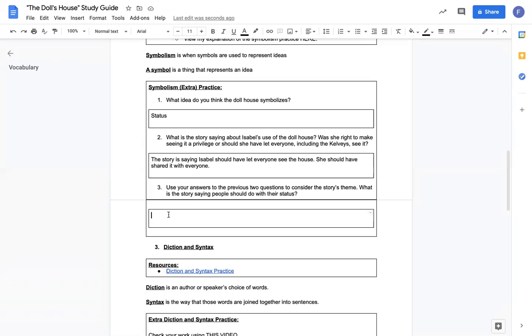They should share their opportunities with people who are less fortunate than they are. So that's an example of a theme you could have identified. So people with status should be generous, maybe, should be generous with their opportunities and power. They should share it with others.